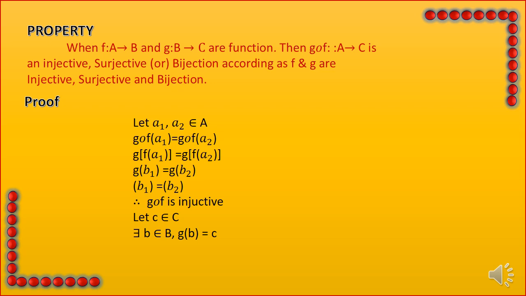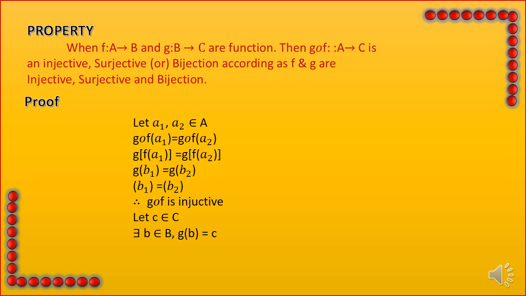Proof. Let a1, a2 belong to capital A. We have to find g composition f. Suppose g composition f of a1 is equal to g composition f of a2. Here g composition f of a1 is written as g of f of a1, equal to g of f of a2.